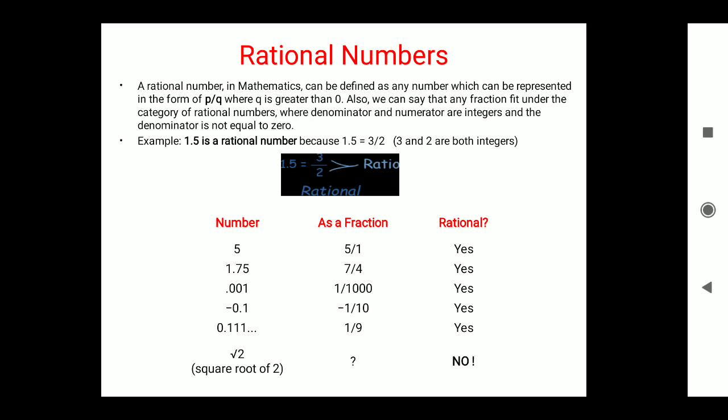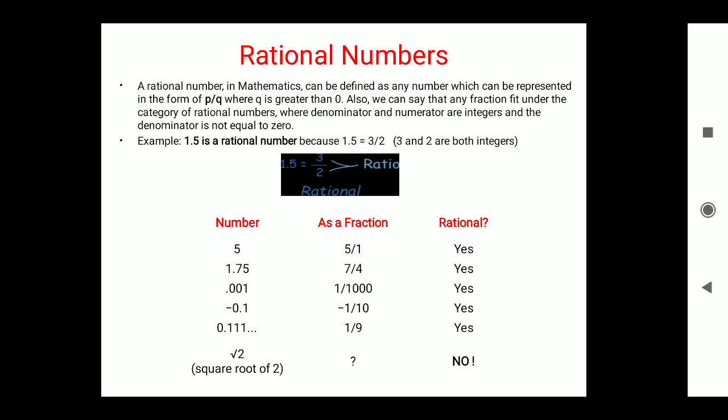Hence, we can say that 0 is also a rational number, as we can represent it in many forms such as 0 upon 1, 0 upon 2, 0 upon 3, but we can't write it as 1 upon 0, 2 upon 0, 3 upon 0.